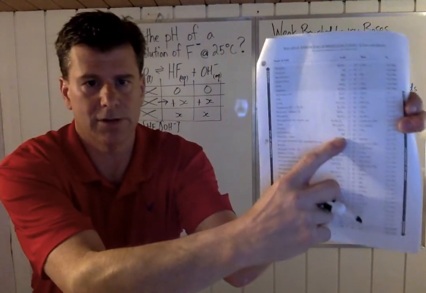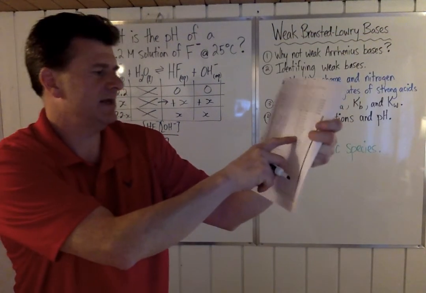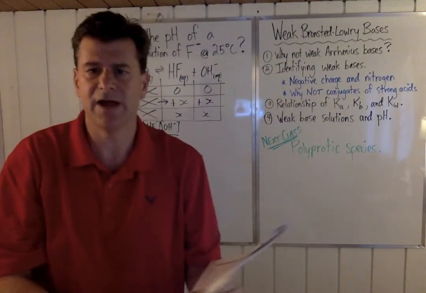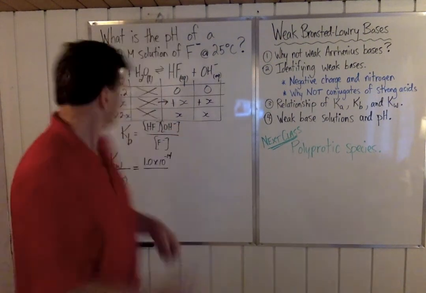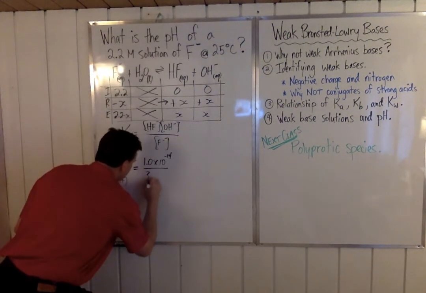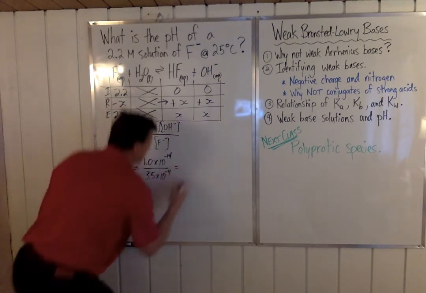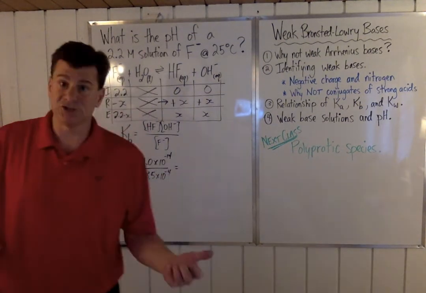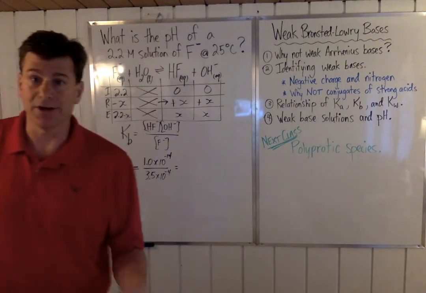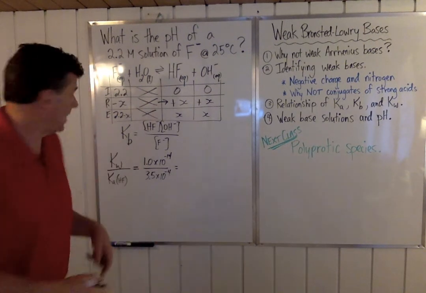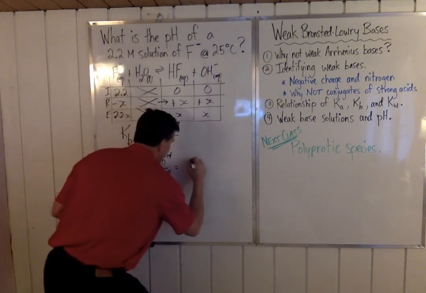HF, and its Ka is 3.5 times 10 to the negative 4 equals. And now I would carry on here, and I would just plug in my equilibrium values.